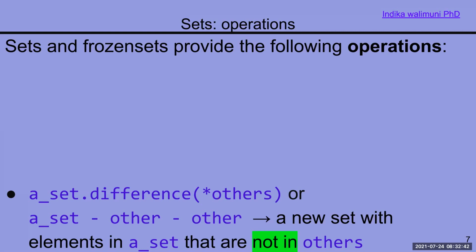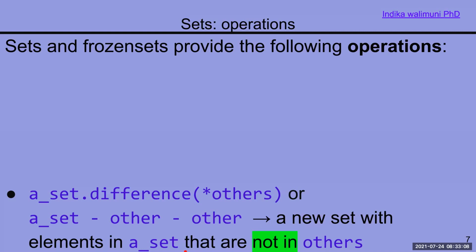Again you can have as many other sets to check, and you can also use the operator version, and it's basically a sort of subtraction, right? So remove the common elements. So a set minus the other, minus the other, likewise. And it returns a new set with elements in a set that are not in the others.